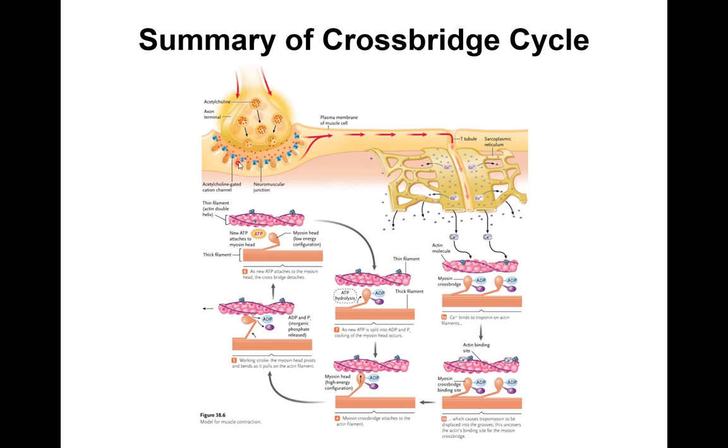Acetylcholine here opens sodium ligand-gated channels that cause the generation of an action potential. This action potential through the T-tubule moves from the outside membrane of the muscle fiber inside the muscle fiber to each individual myofiber.